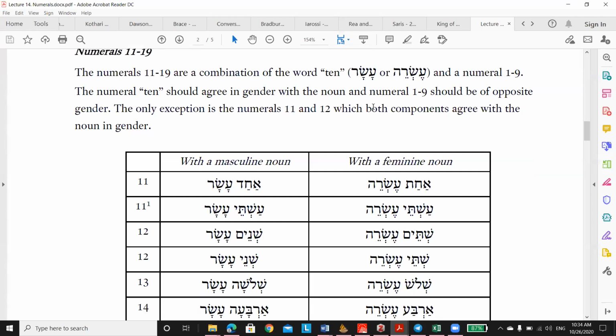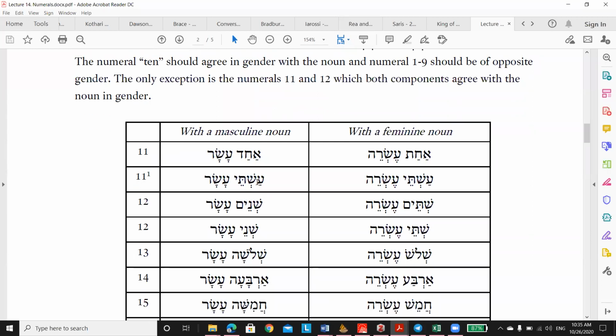And of course, the exceptions are 11 and 12, because all of their parts should agree. So 11 and 12, like 1 and 2, are the exception from this rule. And everything else, the tens should agree with the gender of the noun, and the ones should be of the opposite gender.